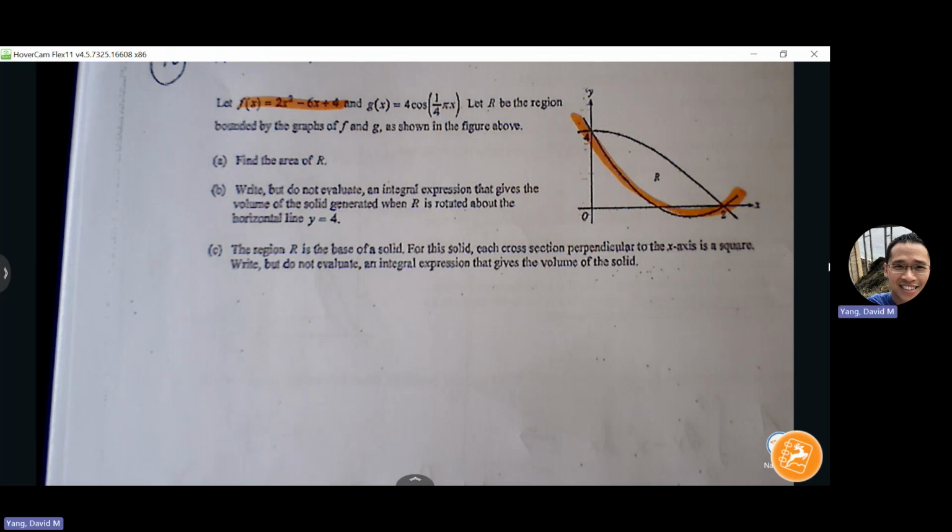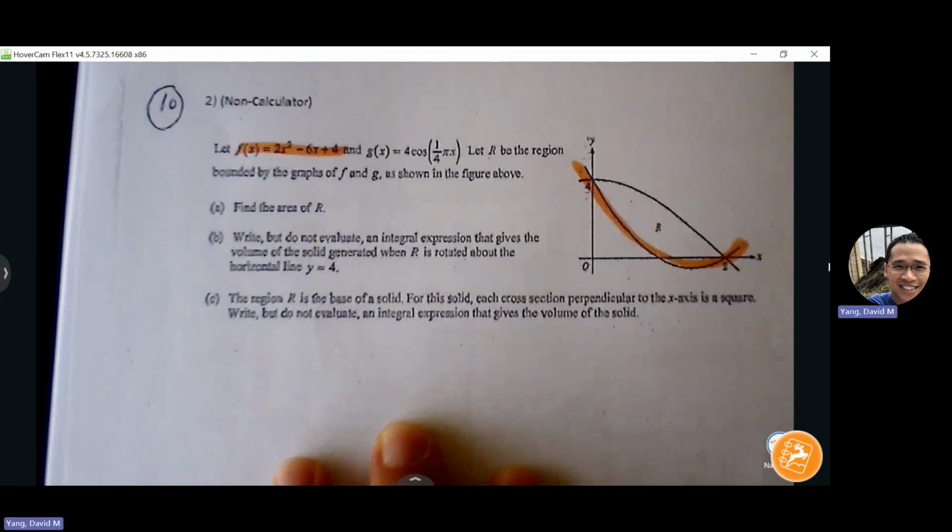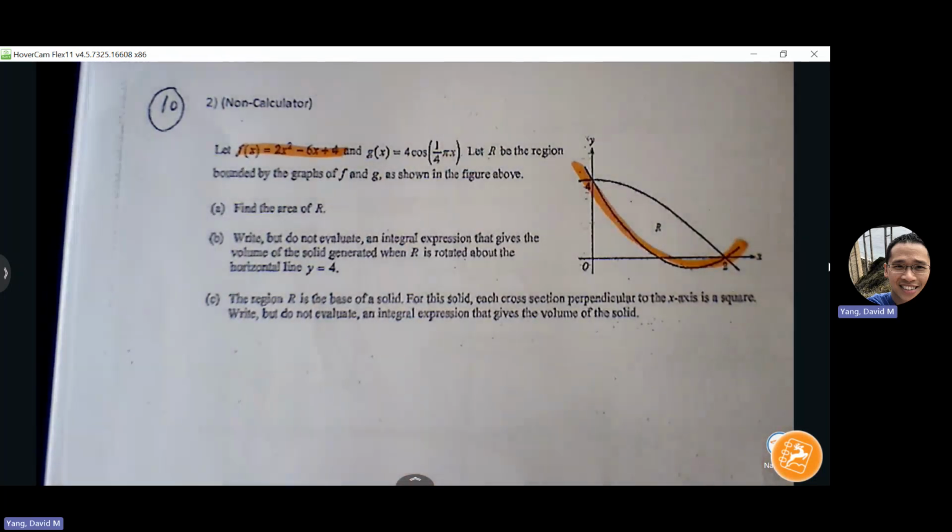Okay. Again, we're just practicing with a non-calculator question, but the key has it all worked out using u-substitution, but you can use your calculator for this.